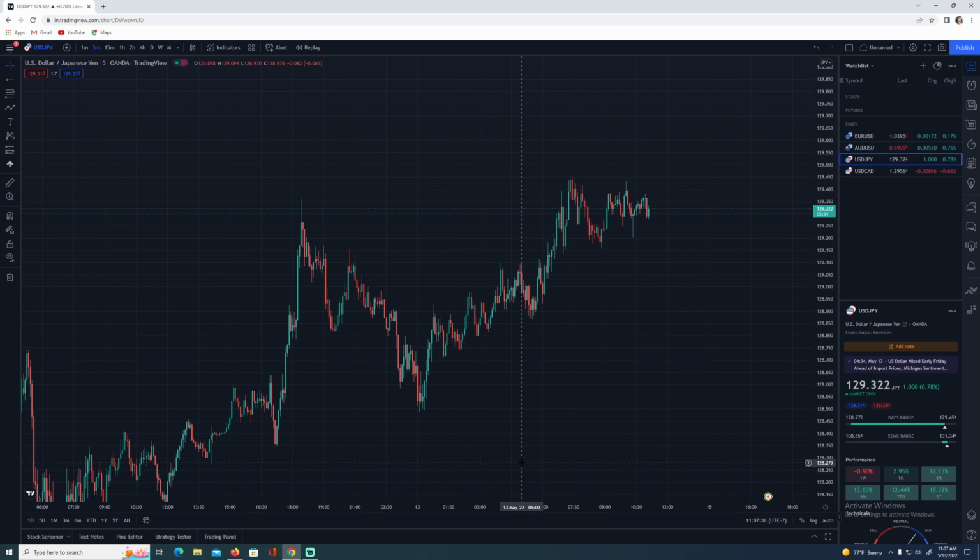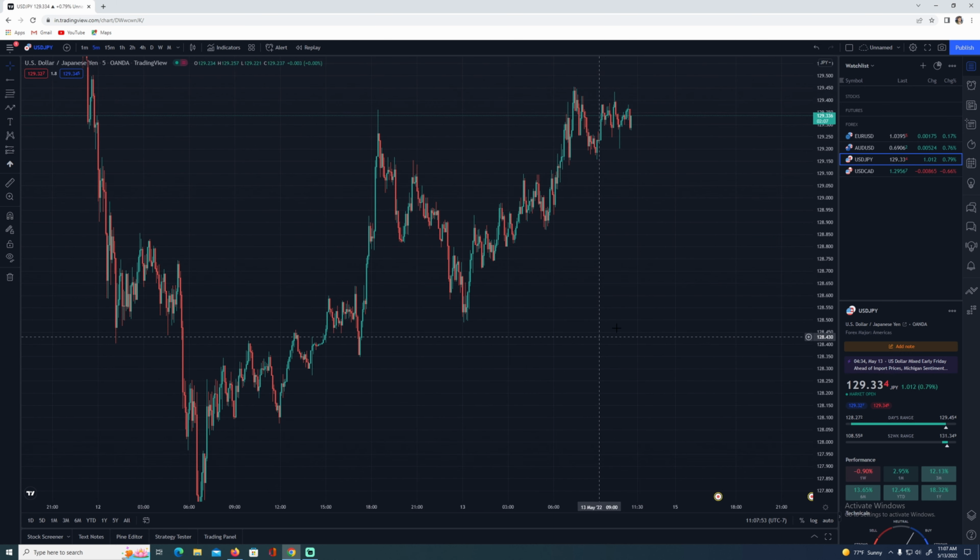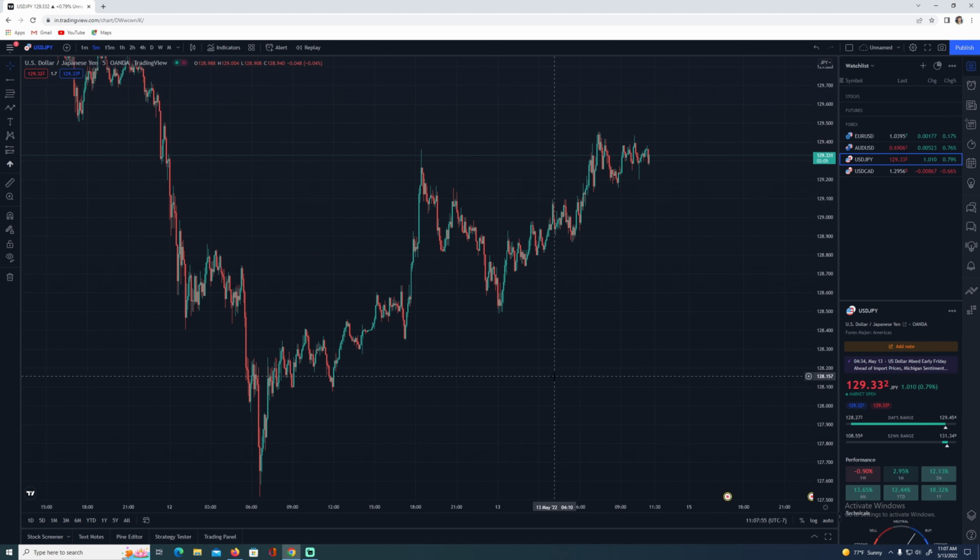Then you can open an account with a broker and start trading a live account after you know that your strategy is profitable. Okay, so let's jump right in.